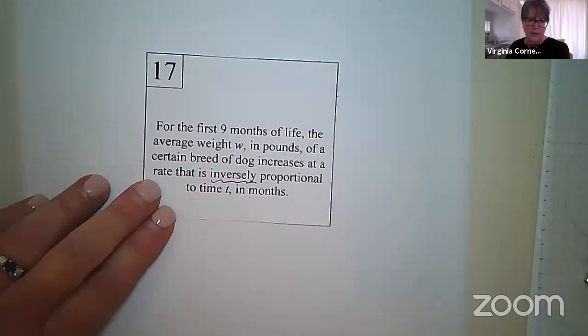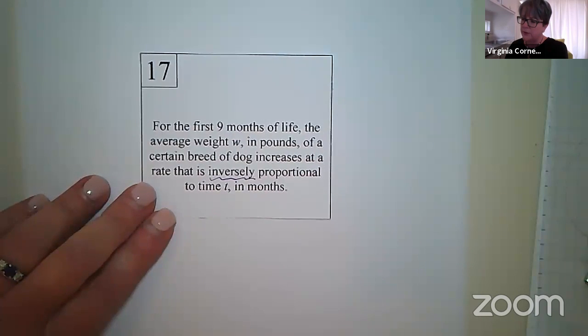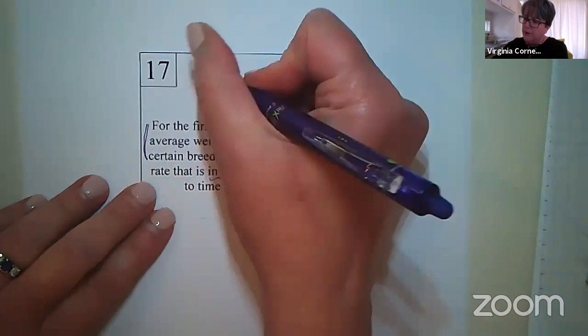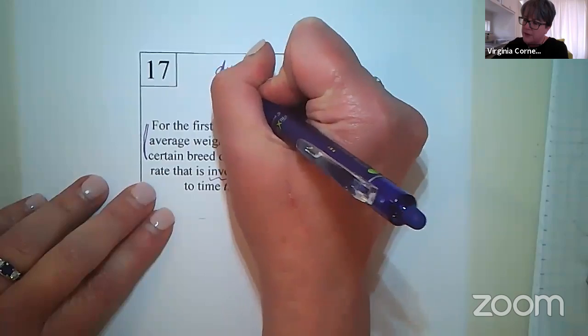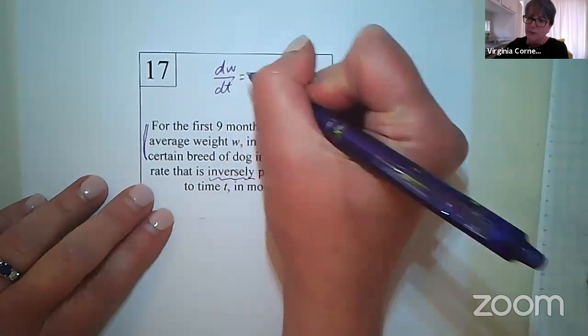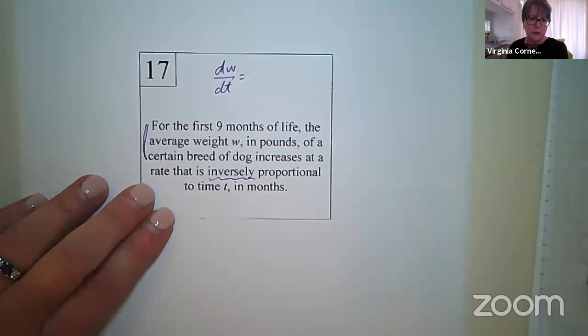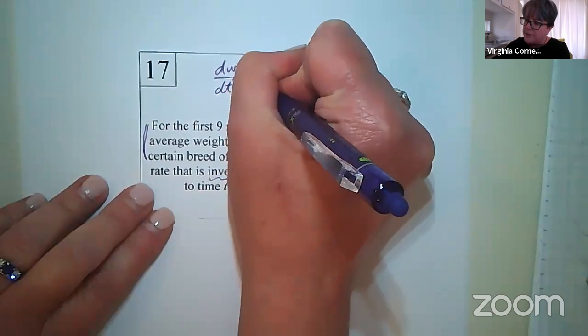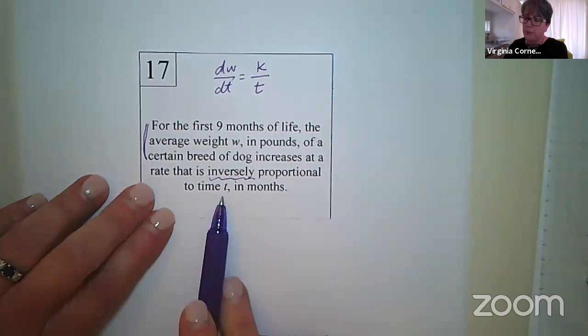There's a lot hiding here. It's kind of hard to figure out exactly what's going on. But in this beginning part, I'm interpreting this as dW/dt, how the weight is changing with respect to time. And then this is equal to K divided by T. It's inversely proportional to time T in months.